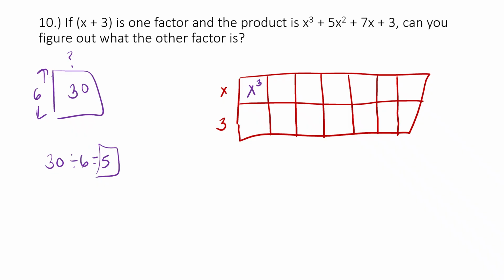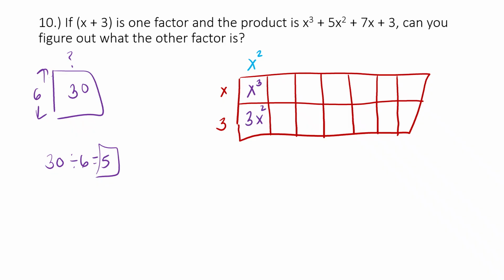And so that leads us to thinking, all right, well, that's x squared. X times x squared would give me x to the third. And from here, I can figure out what goes in this box because I know that this box is base times height. So it's 3 times x squared. So that has to be 3x squared.